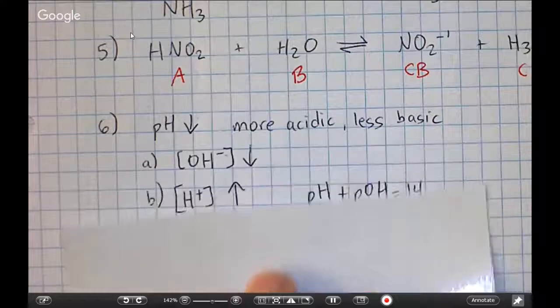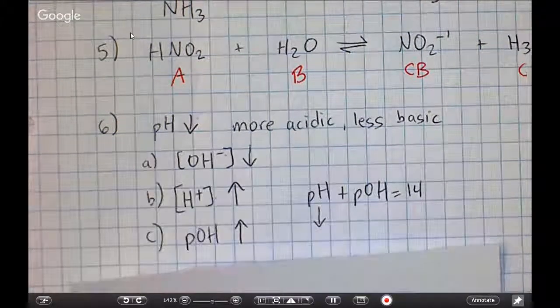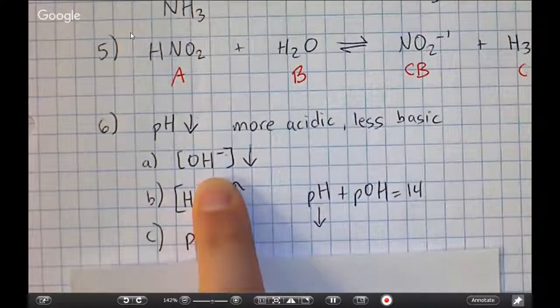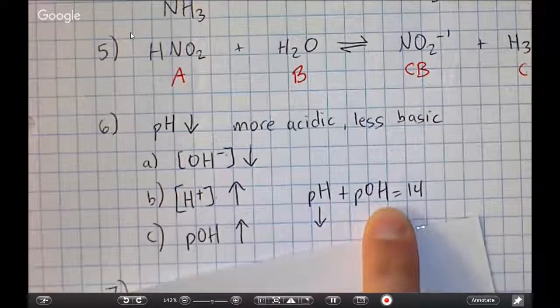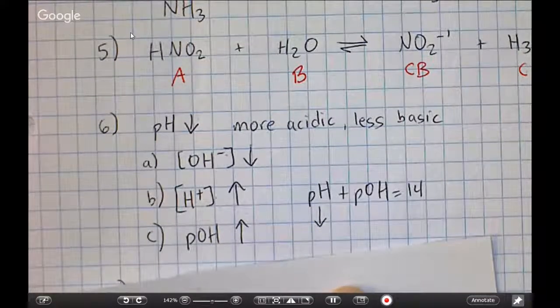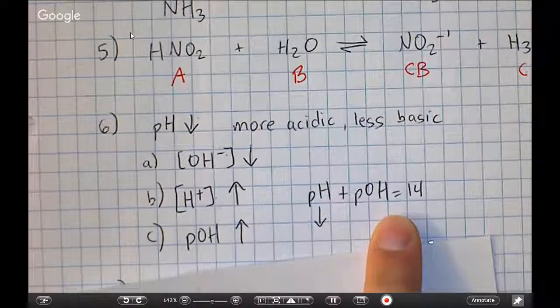Before I answered these, I thought, if pH decreases, we're more acidic, so we should have greater H plus concentration. That goes up, which means hydroxide concentration goes down because we're less basic. And if we remember that pH plus pOH equals 14, if pH goes down, pOH should go up because the sum is still equal to 14. That doesn't change.